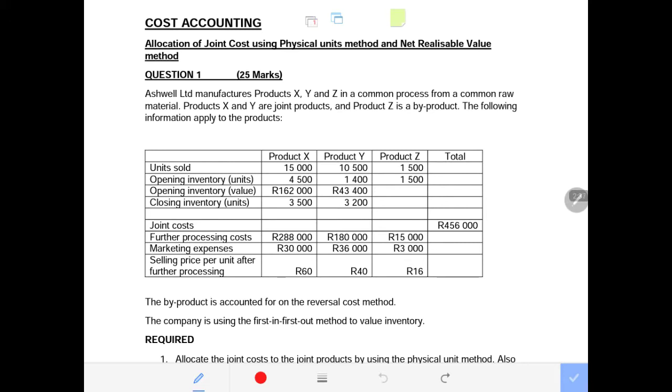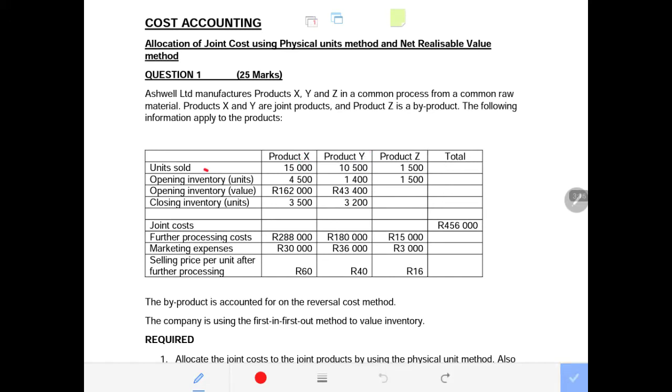Then this product will have to be split to become two different products, product X and Y. And there's also product Z, which is not an intentional product, and we call it an incidental product, called a byproduct, a product that we don't intend to produce, but during the production process it gets produced without intentions. The following information applies to product X, product Y, and the byproduct Z, which is the incidental product.